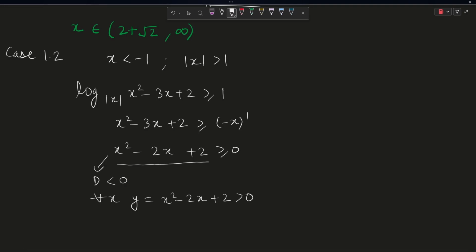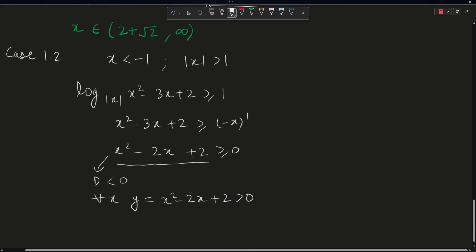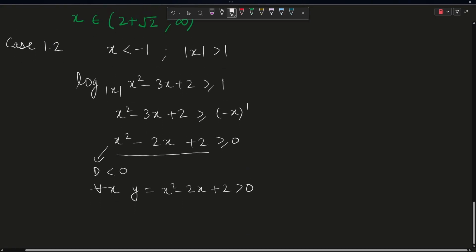Hence, the condition is satisfied. It is automatically satisfied where we do not have to take any values of x. For all values of x, x square minus 2x plus 2 will always be greater than 0, right? So in this condition, this is all values of x, or I can say x belongs to R, right?